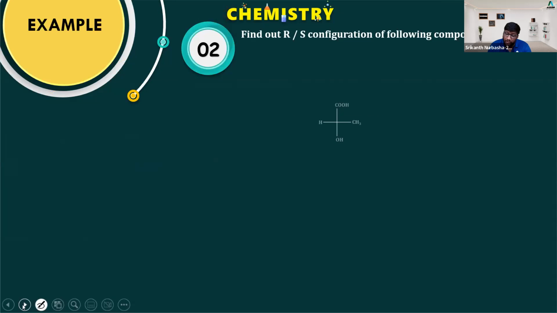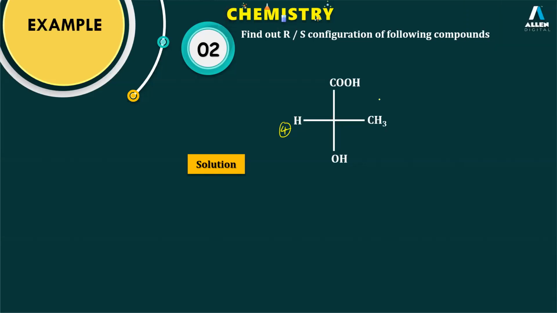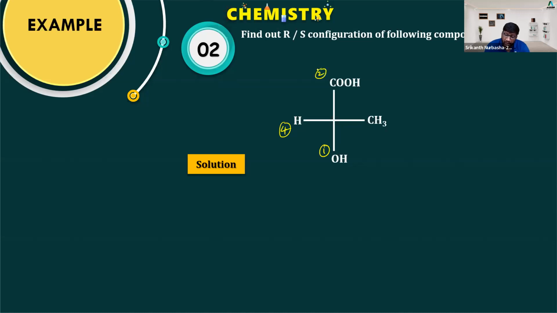Find out R or S in the following compound, with COOH, CH3 and OH groups. First priority, which group? The fourth priority is hydrogen, obviously. The fourth priority is on the horizontal line, so the configuration has to be reversed. First priority, OH or COOH? Here the first atom is oxygen, and here the first atom is carbon, so based on the first atom's atomic number you decide. Oxygen gets first priority, then COOH, then CH3.